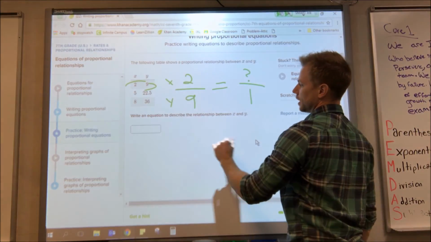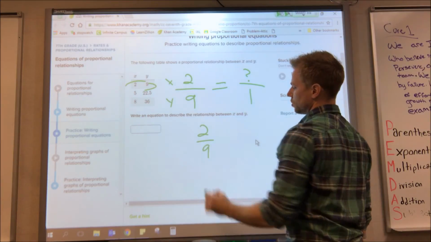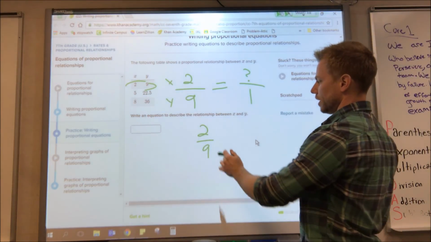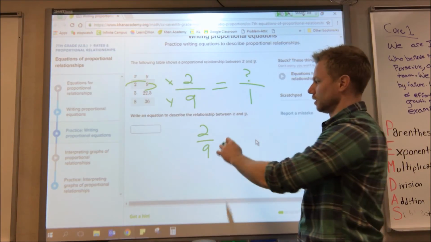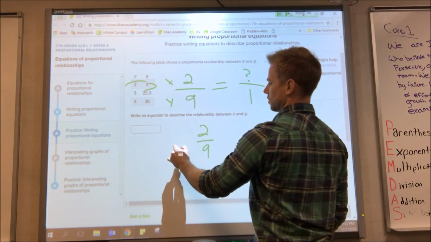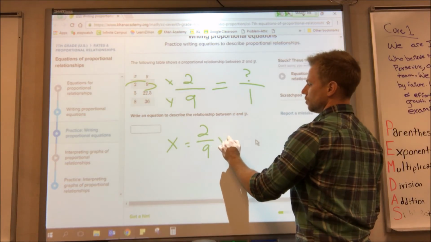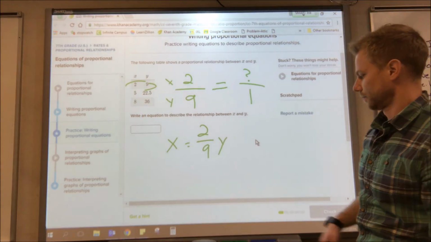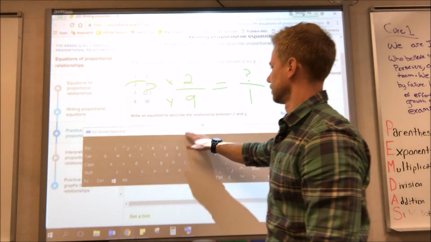Cross multiply, divide. It's going to be 2/9. That's a repeating decimal, 0.2 forever. So we can't use the decimal form. We have to leave it as a fraction. The question mark is with the X, so it's X equals 2/9 Y. And that's my equation. Plug that in.